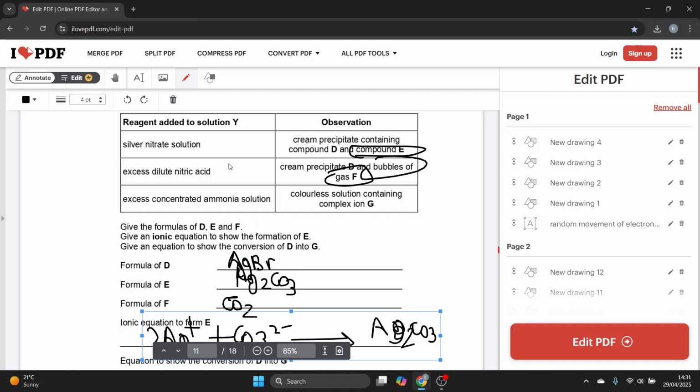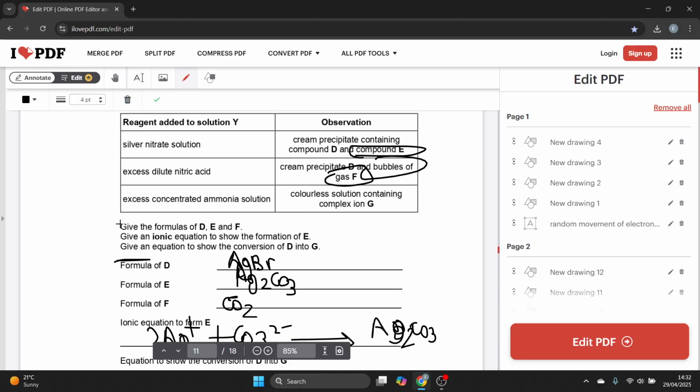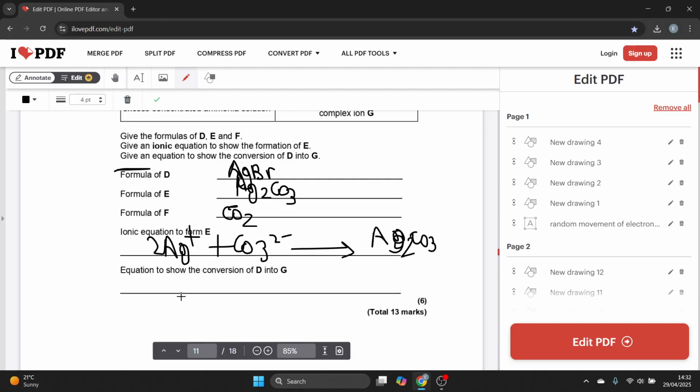And then the equation for conversion of D into G, complex ion G. We've got AgBr. I'm adding ammonia.